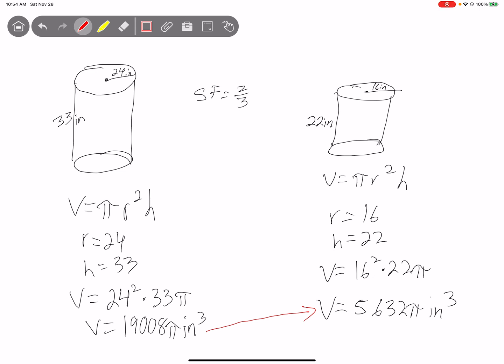What is the ratio that takes me straight from here to here? Well, to figure that out, I need to divide. Let's call this volume 1 and volume 2. I need to divide volume 2 by volume 1 to know what I have to multiply by to get 5,632 pi. I need to divide 5,632 pi by 19,008 pi. So let's do that.